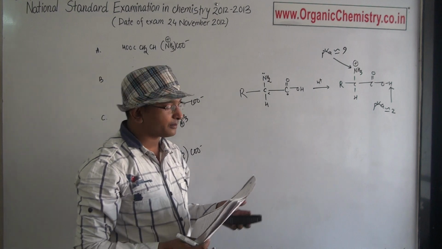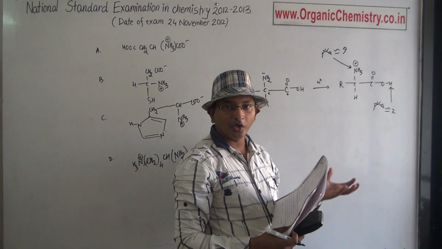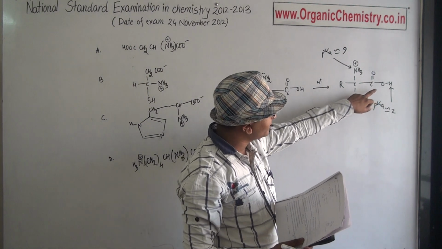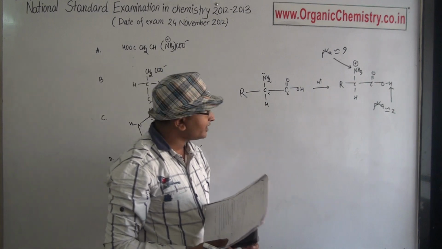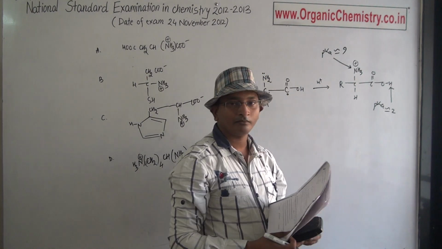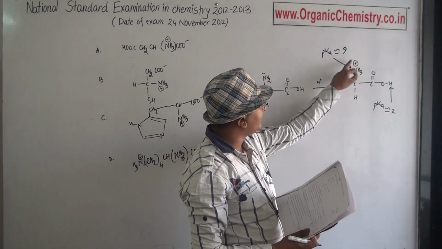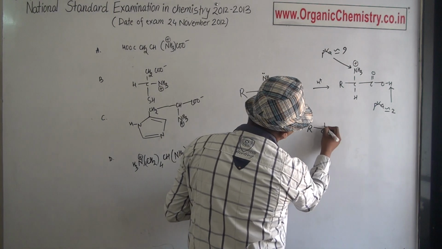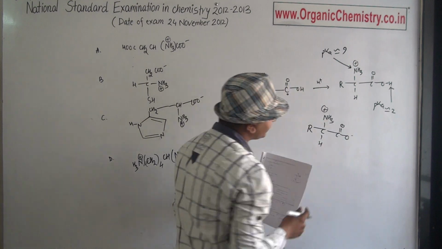So if an amino acid is present in a medium with pH lower than 2, this H and this H will stay intact. So the amino acid exists in this form at pH less than 2. But if the amino acid is in a medium between 2 and 9, this hydrogen goes out and the amino acid exists like this.